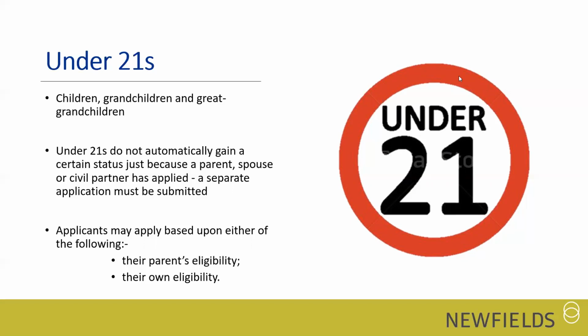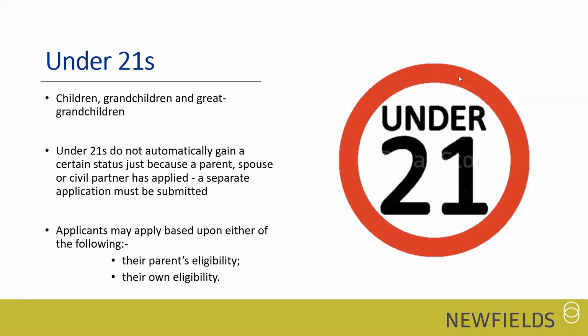Saying that, the applicant who's under 21 can, when submitting their application, either use their own eligibility in terms of residence. So if the child has been here for 5 years, they can get their settled status.